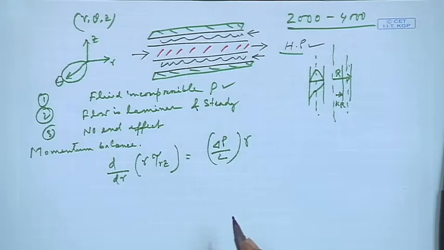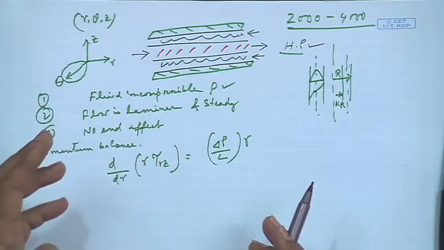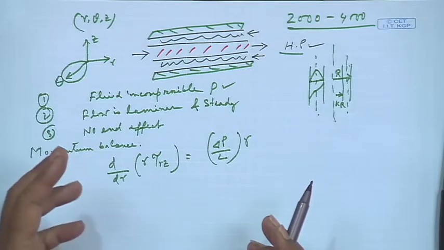If you remember, in the pipe flow we had said that in many cases subsequently we may start from here, because other things remain the same, because the bulk flow is not coming into the picture.